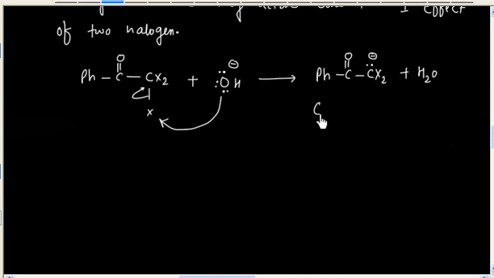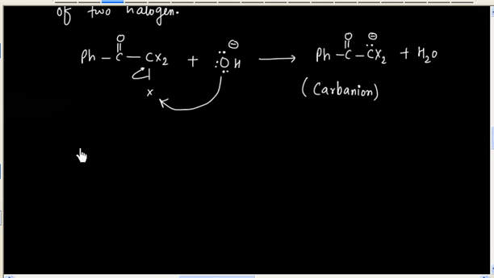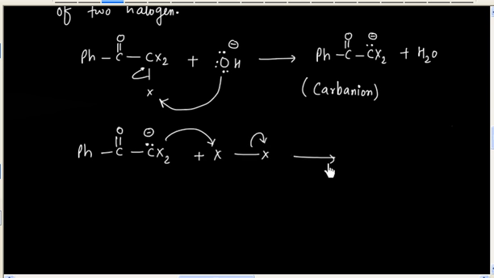Now the next step, this carbanion will act as nucleophile and it will attack on halogen. So we will have this product.